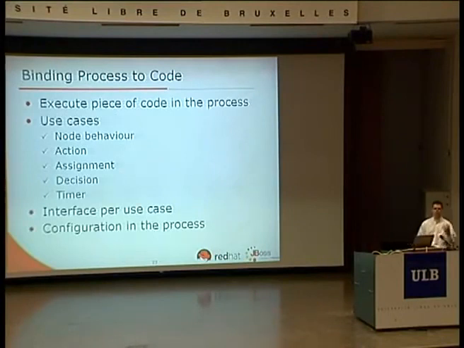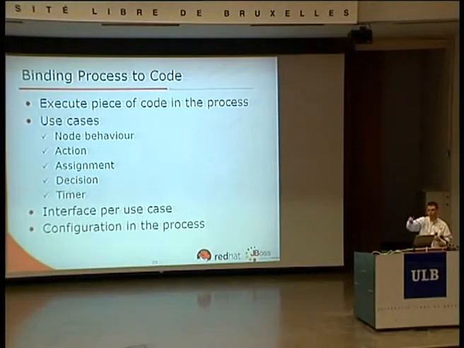So let's zoom in a little bit deeper on how we can bind process to code. First of all, an indication of the use cases. When do you want to bind process to code? For instance, in the node behavior, if you want to implement node behavior. Secondly, if it's not attached to the node, so you have the process graph structure, but somewhere invisibly.